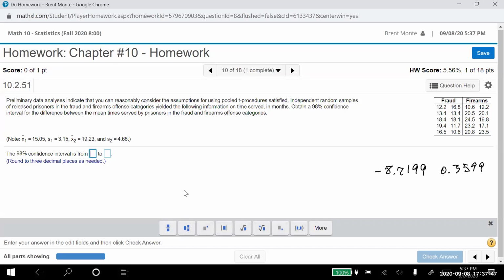So from negative 8.719, that will round up to negative 8.72. And it's 720, but you don't need that 0. I'll put it in there so you think, hey, that's not 3 places. And then instead of 0.359, it's going to be 360. Again, and just to show you we don't need the 0, I'll leave it off on that one.